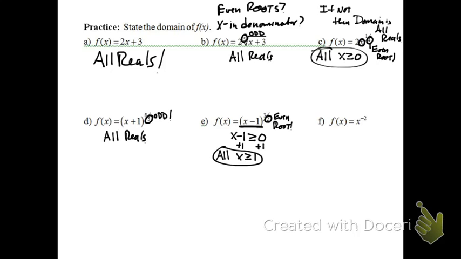One more, look at f. F at first sight doesn't look like a problem because it doesn't have an even root or x values in the denominator, but you know something about negative exponents. If you were to make this one positive, you would write it as 1 over x squared, and now all of a sudden I have some x values in the denominator. And I have to make sure that x squared never equals 0 because I cannot divide by 0.